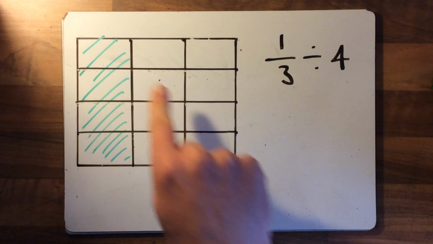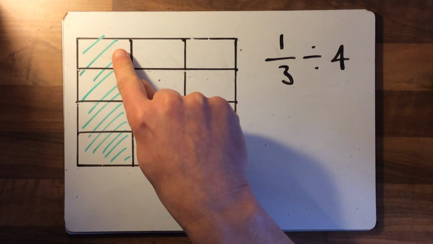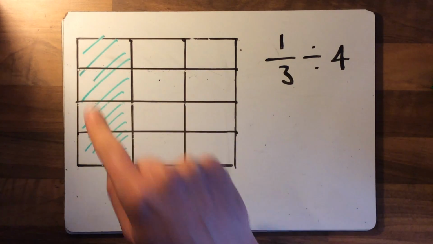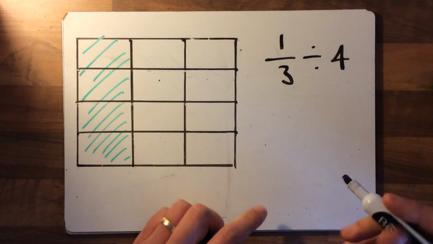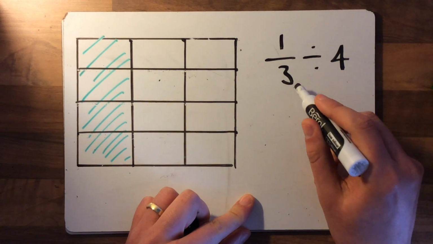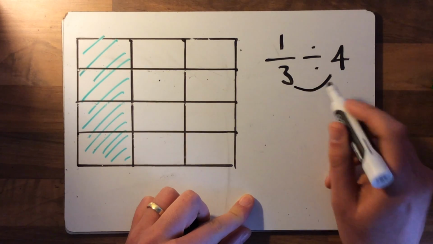Now, to work out how much of the original cake each of the 4 people would get, the procedure is to multiply the denominator by the whole number.